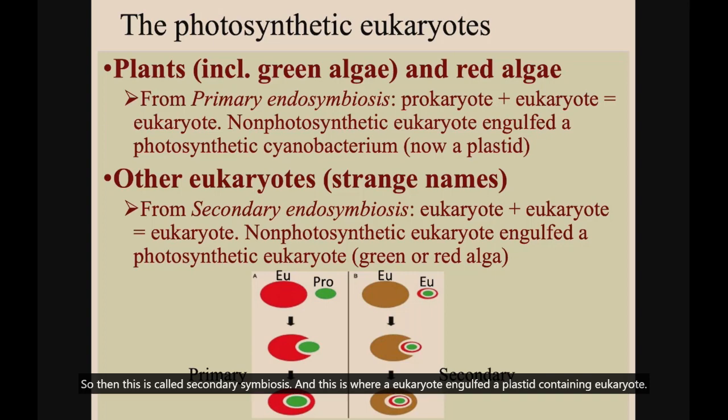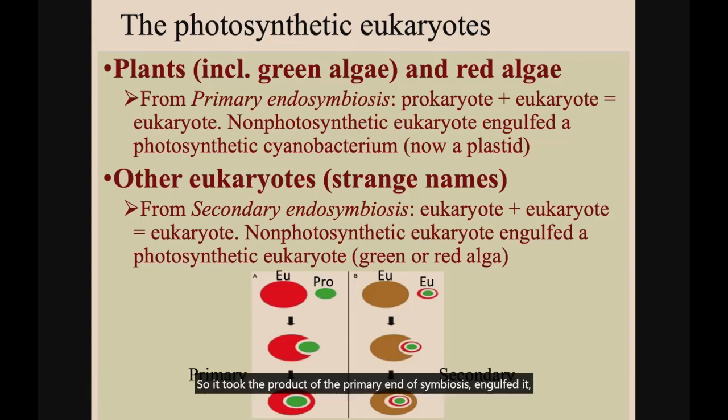This is called secondary endosymbiosis, where a eukaryote engulfed a plastid-containing eukaryote. It took the product of the primary endosymbiosis and engulfed it.